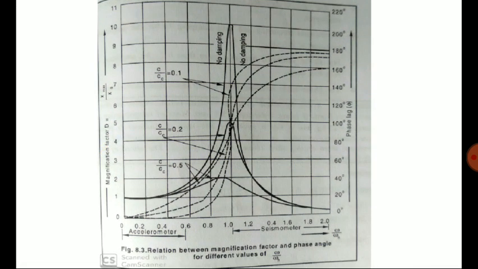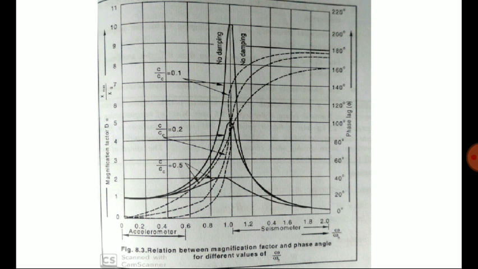You can see when omega equal to omega n, what is happening? Omega equal to omega n, that is resonance occurs, that is on the x-axis it becomes 1, right? So omega equal to omega n, in the denominator the first term disappears because resonance occurs.